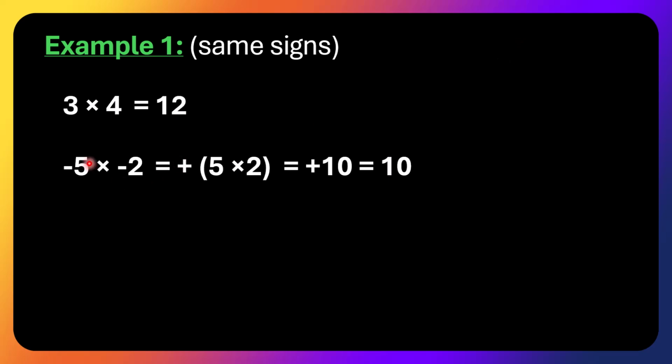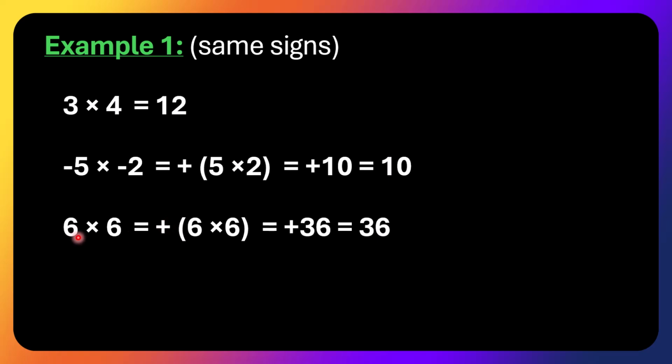And minus 5 multiplied by minus 2: here the two numbers are negative, which means they have the same sign, so we multiply the numbers, 5 multiplied by 2, and the sign is plus because we use the sign rule, minus multiplied by minus equals plus. So it equals plus 10, and plus 10 equals 10.